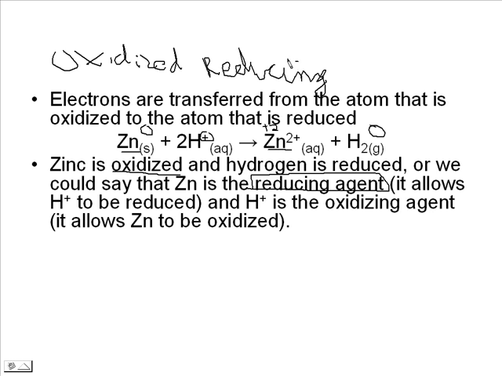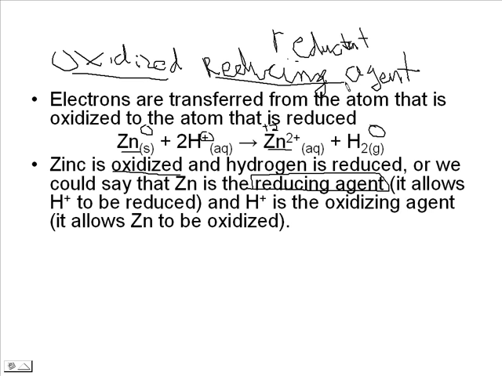Another way they sometimes call it is the reductant. Just different ways to confuse you. All three of those things mean the same thing. Likewise, if something is reduced, we call it the oxidizing agent or the oxidant because it allows something else to be oxidized.